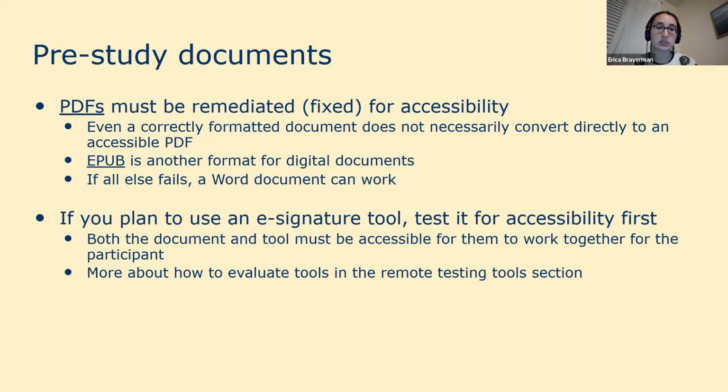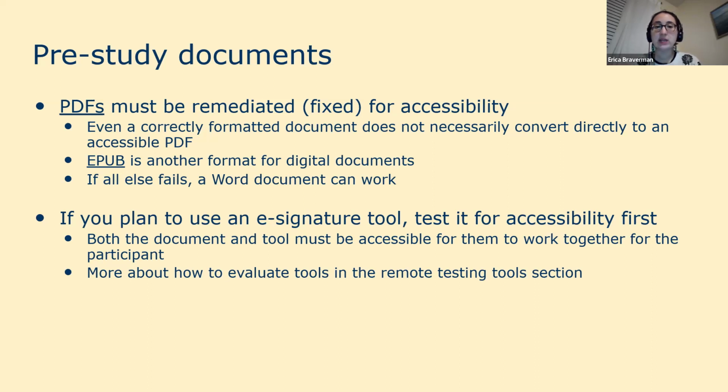So I've linked a resource on how to get started with that remediation. EPUB is another format for digital documents that tends to work really well for accessibility, but it's much less common. If all else fails, and I've done this, a Word document works. Those are much easier to make accessible right out of the gate.